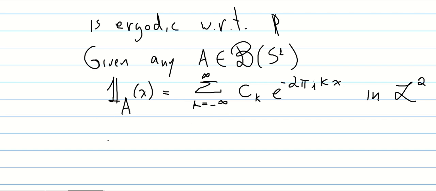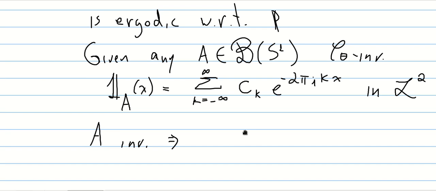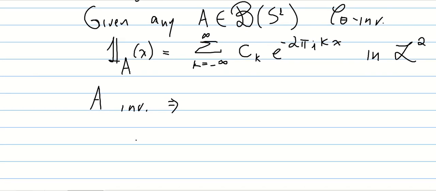Now, what does it mean for A to be phi theta invariant? Let's write it in terms of the decomposition. It means that the indicator of A at x is equal to the indicator of A at x plus theta.